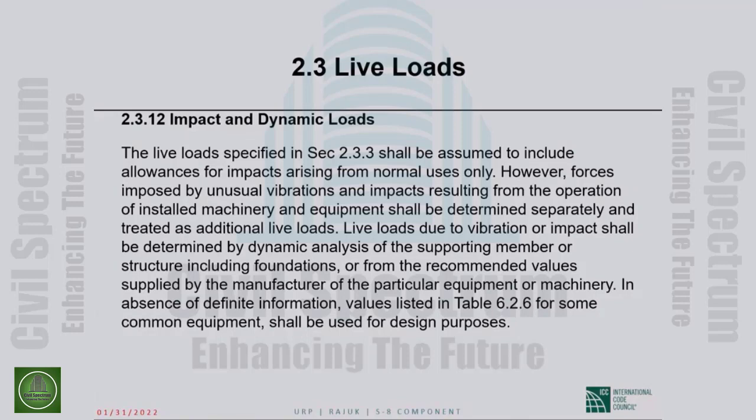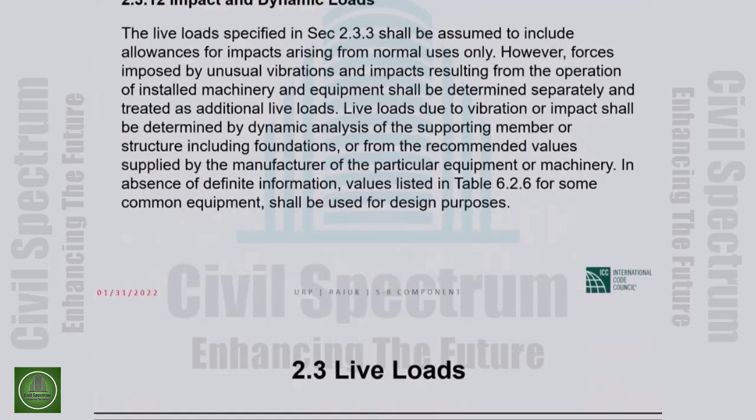However, forces imposed by unusual vibrations and impacts resulting from the operation of installed machinery and equipment shall be determined separately and treated as additional live loads. Live loads due to vibration. Anyway, you can read all of that.